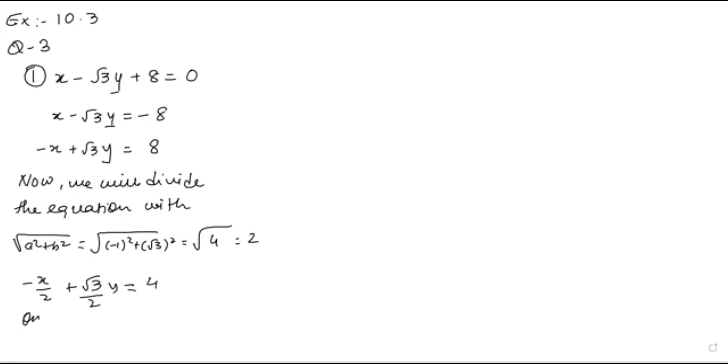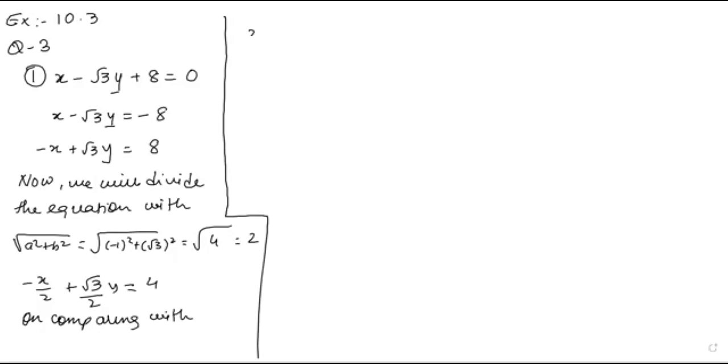Now, on comparing with x cos theta plus y sin theta is equal to p, I will get p is equal to 4, cos theta as minus 1 by 2 and sin theta as root 3 by 2.